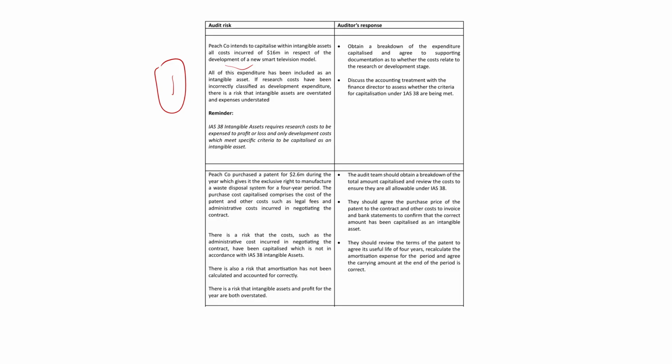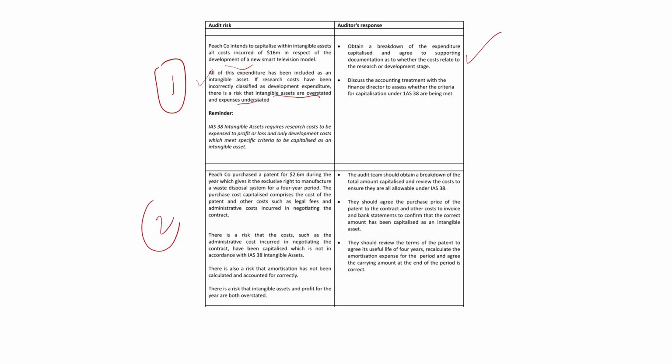The risk is the criteria might not have been met and that this should be research expense instead. If they've incorrectly capitalized it, your intangible assets are overstated and expenses are understated. Similar to IAS 16, which was property, plant and equipment, I'm going to get a breakdown of the expenditure and match it to the supporting documentation to see if they meet the criteria of development cost.